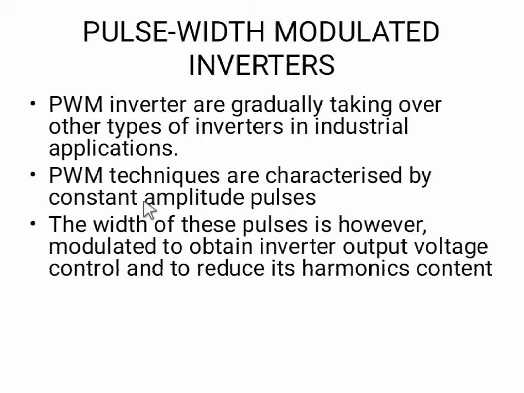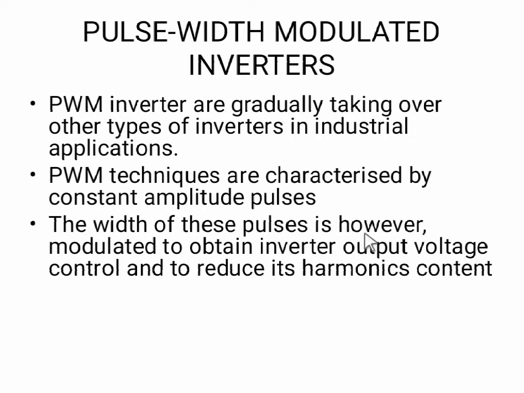The PWM techniques are characterized by constant amplitude pulses. The amplitude is constant, but the pulse width is not constant. That means it is not a single pulse in one half cycle. There are many pulses per half cycle, so it reduces the harmonic content.